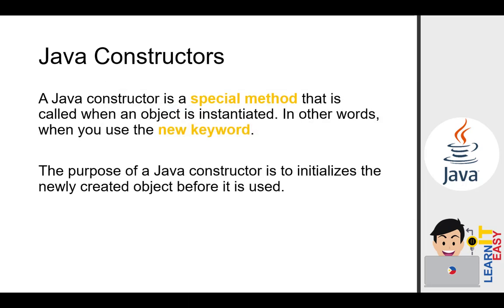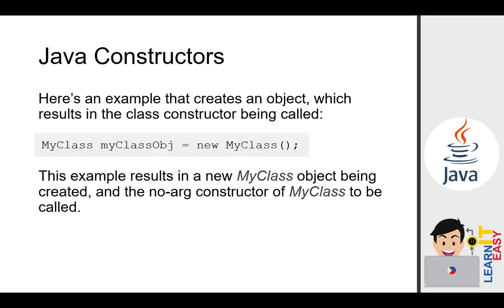And as I've said before, the purpose of a Java constructor is to initialize the newly created object before it is used. Here's an example that creates an object which results in the class constructor being called. So we have myClass, kagaya kanina Scanner, and then yung object scan is equals to new, and then yung pangalan ng ating constructor, which is Scanner.